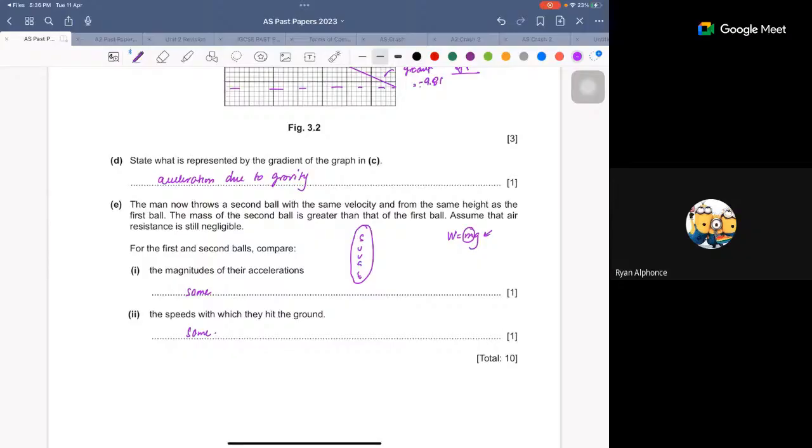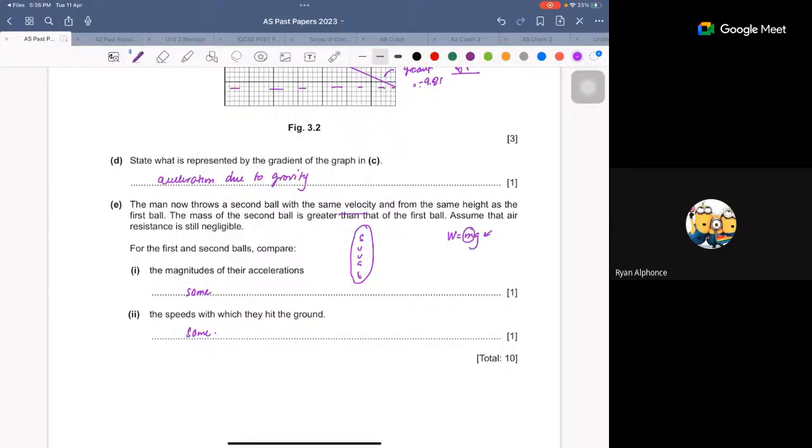Mass doesn't affect anything. So basically, the only thing it would have affected was when the person had thrown the object with the same speed, he must have done more work to do that because he has to lift more weight, right?